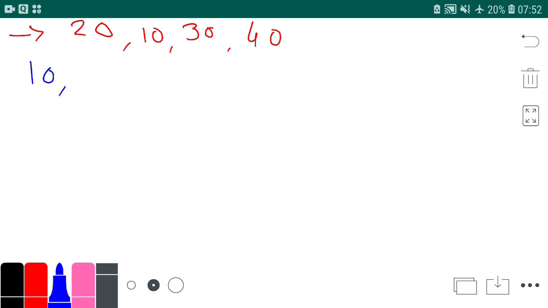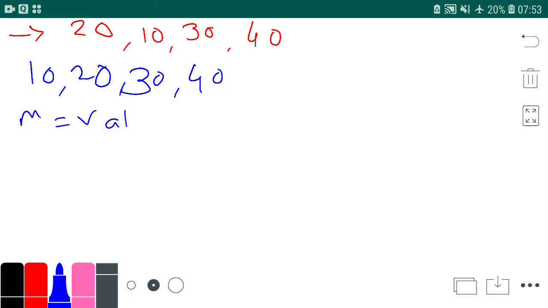Now you will tell me to arrange these digits. So it's 10, 20, 30, 40. Yes, I'll agree that we can arrange these digits. Then you will say, sir, write the formula. I'll say yes. So the formula is the value of (n plus 1) upon 2 th observation.